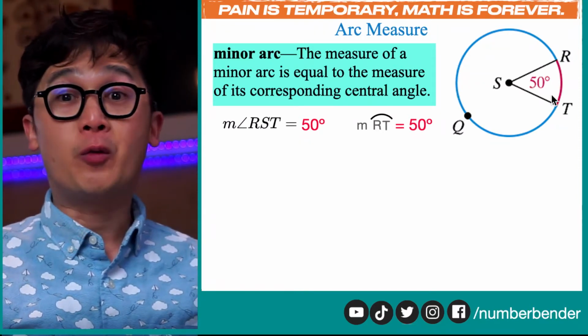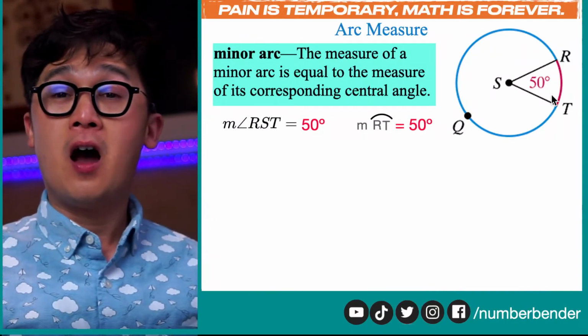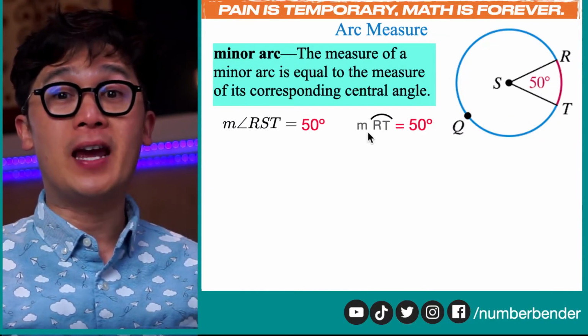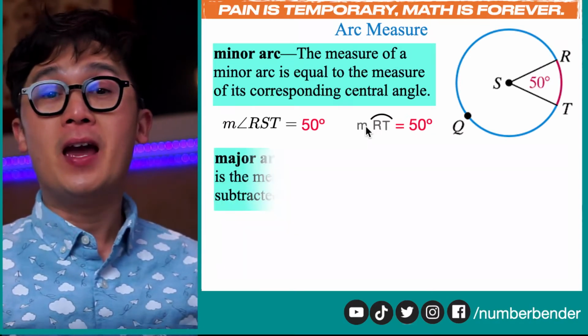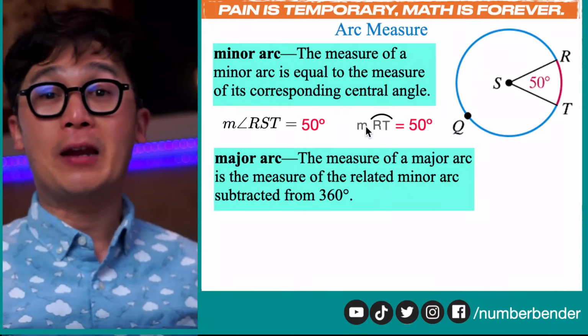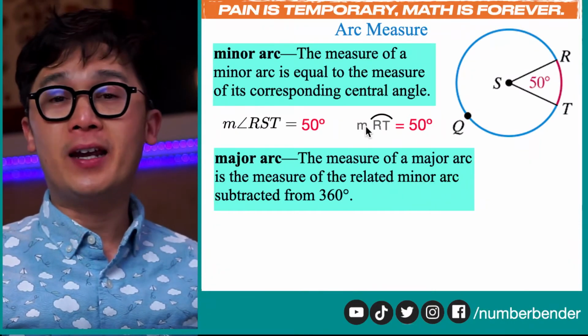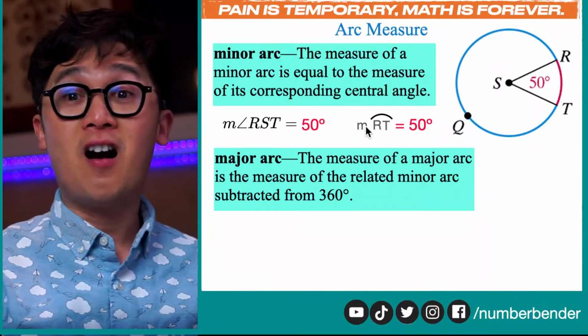Now, this is how we denote arc measure. So arc measure of arc RT is 50 degrees, denoted by the letter m right next to our arc RT. And if we have the major arc, and we need to compute its measurement, we can say it is the complement of arc RT.